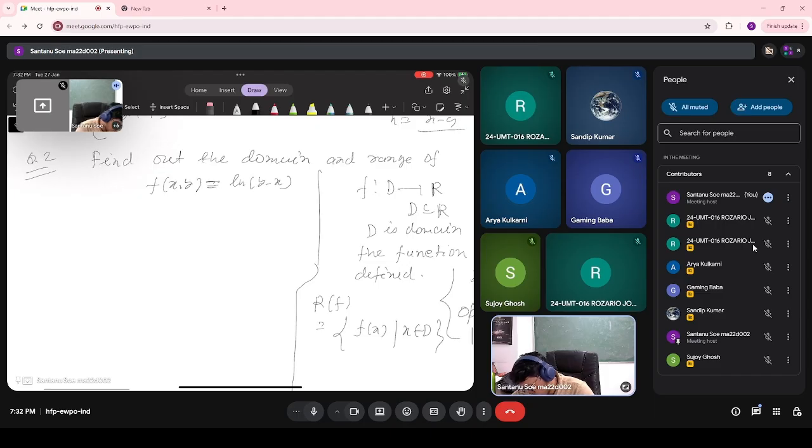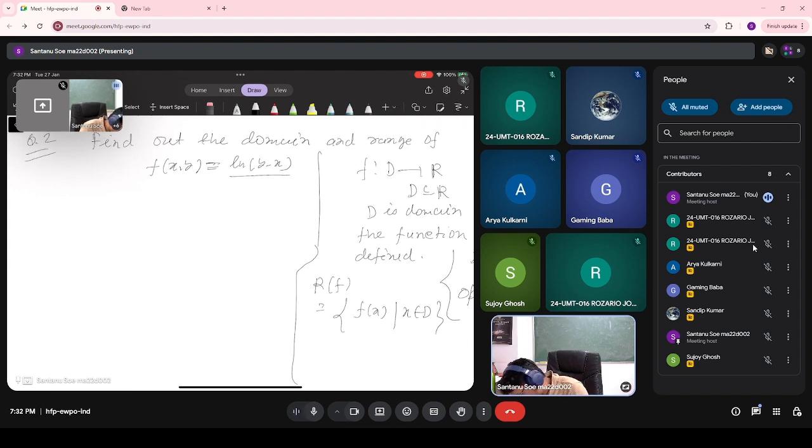So this is the definition of domain and range. Now here we have to find the values for which ln of y minus x is finite. ln of y minus x is real if y minus x is greater than 0.